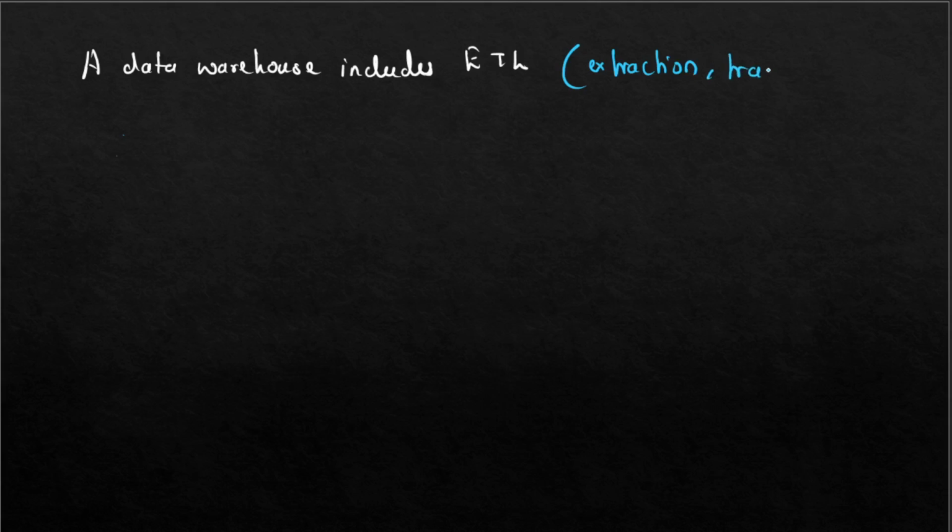A data warehouse includes ETL. And what does this ETL mean? E for extraction, T for transformation, and L for loading.